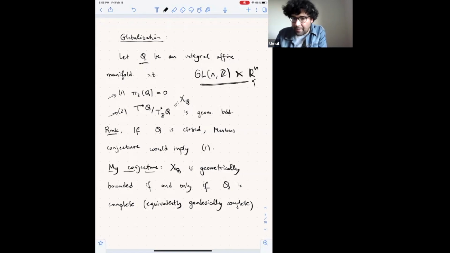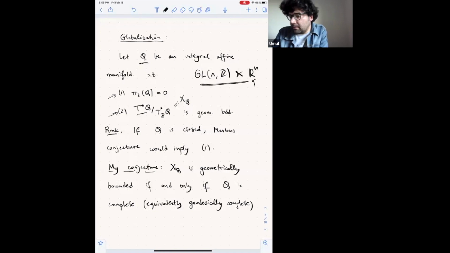the integral affine manifold. You do it by first taking the cotangent bundle of Q. This, of course, has a canonical symplectic structure, but this integral affine atlas actually gives you an integral lattice in each cotangent and tangent space. In the cotangent bundle, you mod out by these full rank integral lattices.